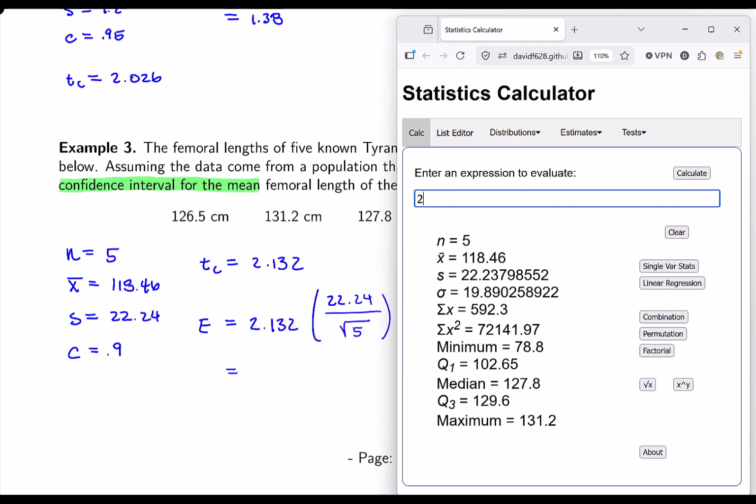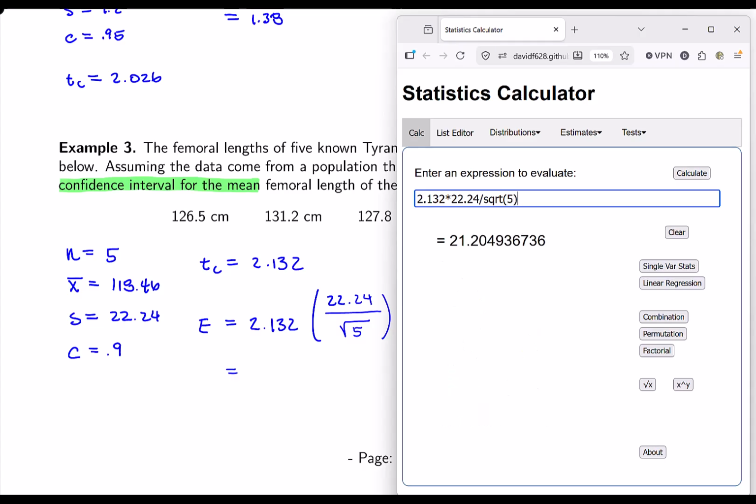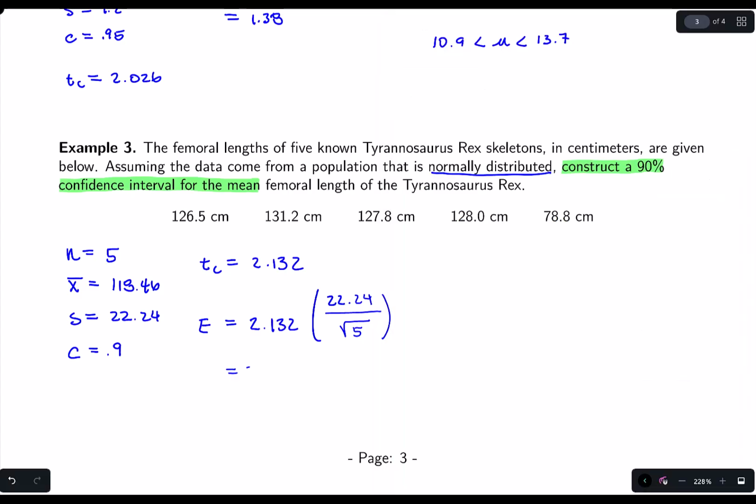So 2.132 times 22.4 divided by the square root of 5. So that is 21.2 centimeters.